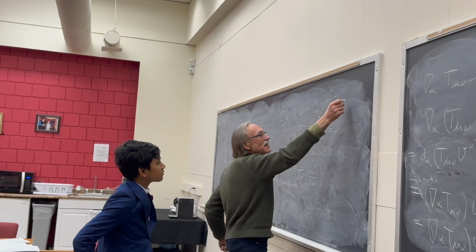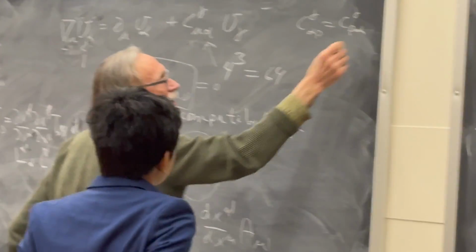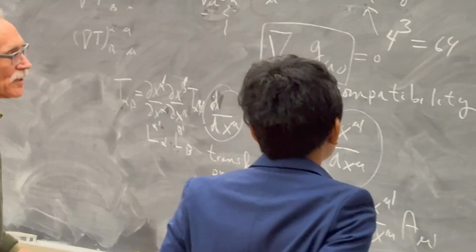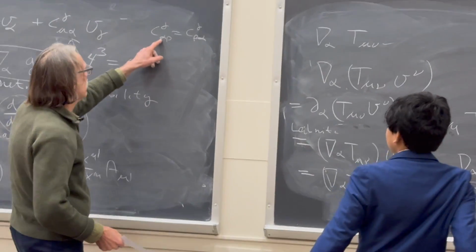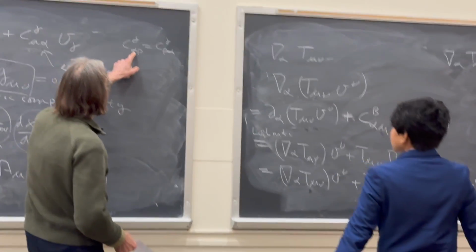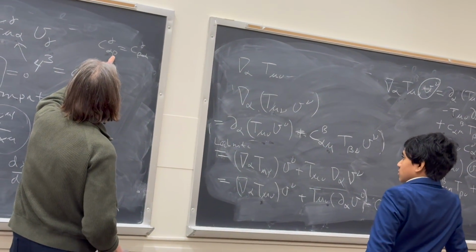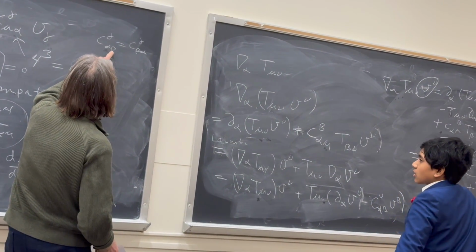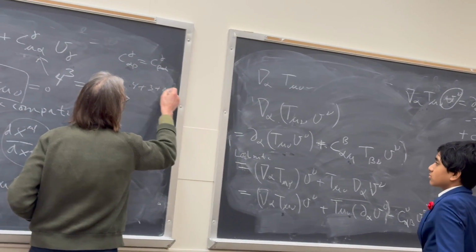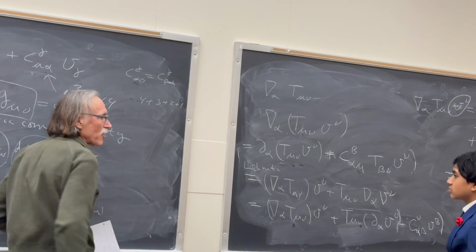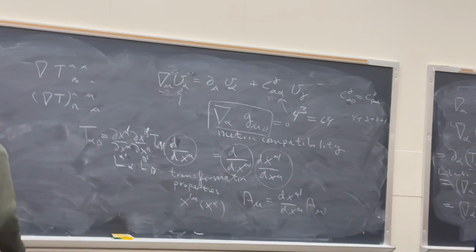What we will see is that C gamma beta alpha reduces it by about half. So here there are 4 plus 3 plus 2 plus 1, that's 10. So there are 40 instead of 64. Okay, that's nice.